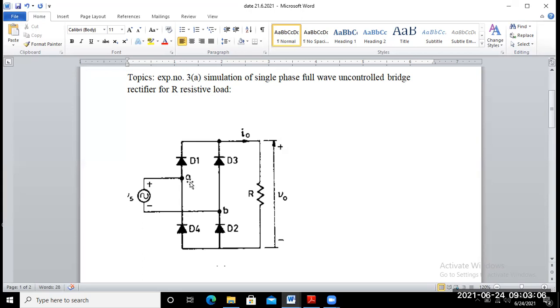So since this diode D1 is connected to the anode position of the diode, for the positive and negative polarity, those diodes are in forward bias.